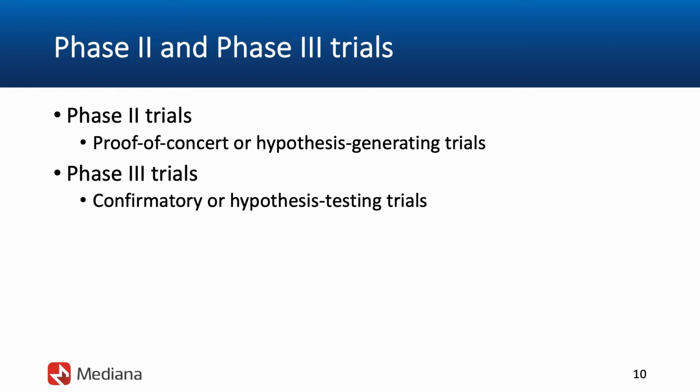So, what is the fundamental difference between the way we design adaptive trials in a proof of concept stage versus a confirmatory stage?